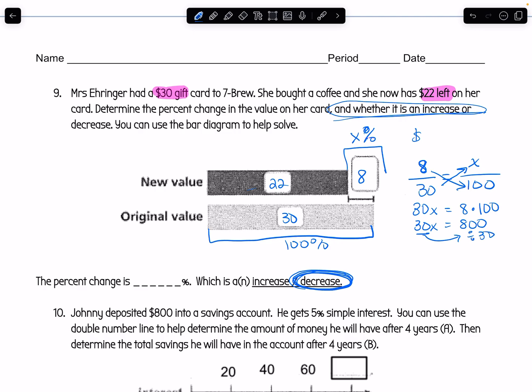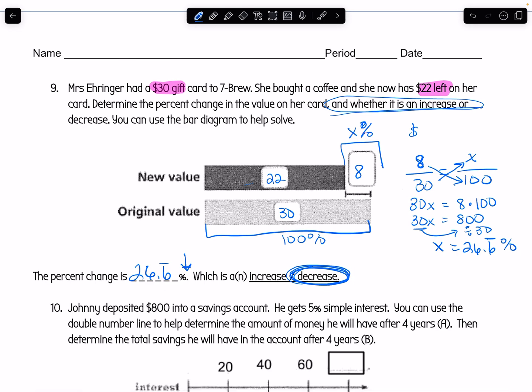Since I have that 30 left, x equals 800 divided by 30. Thank goodness for a calculator. Ooh, it's gross. 26.6 repeating percent. Hopefully you'll have a better number than that on your test, but you only have to put the numbers because it will include the percent sign.